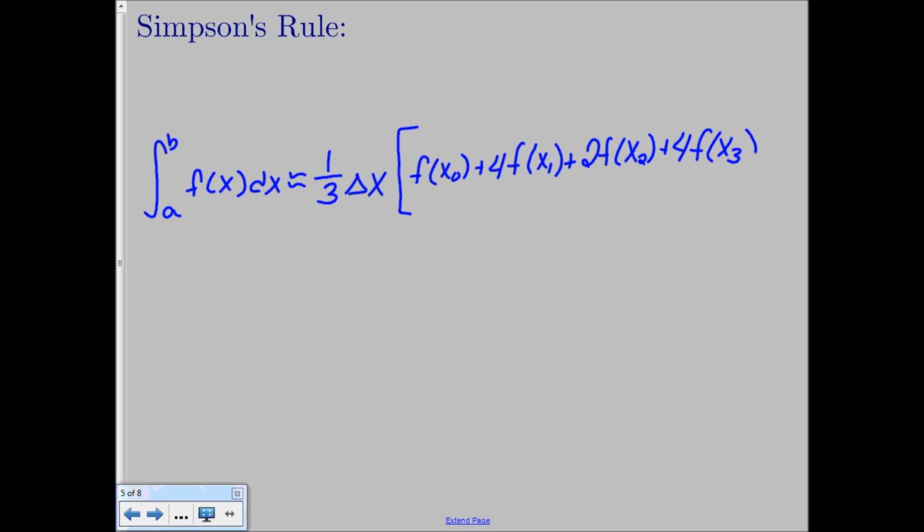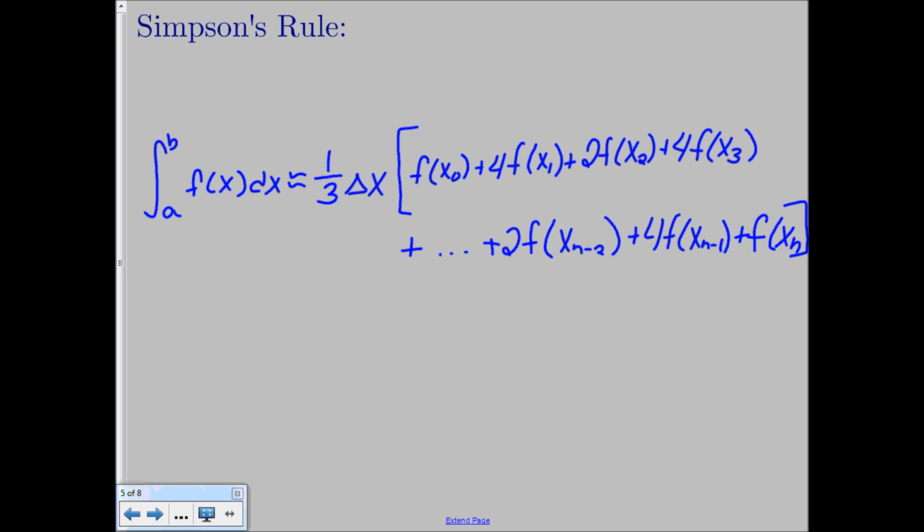So we're getting this repetition between the 4 and the 2, plus 2 f of x n minus 2 plus 4 f of x n minus 1, finally plus f of xn.